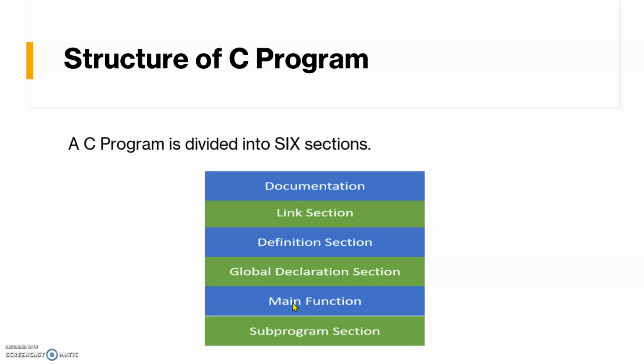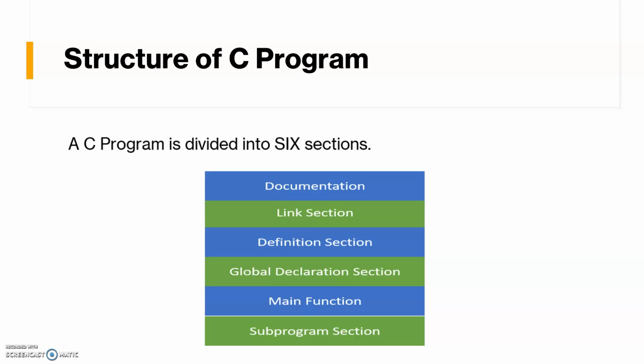Without this, you can't write your program, and the subprogram section is also optional. So of all these sections, five sections, documentation, link, definition, global declaration, and subprogram, are optional, but the main function is a must. Without this, we can't execute the program. This is the complete structure of your C program.